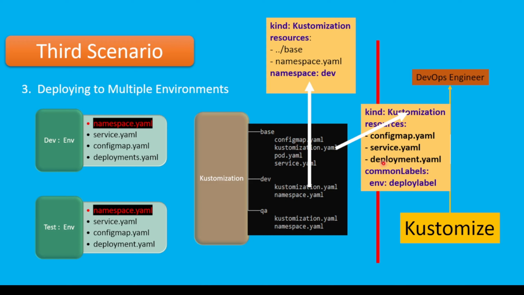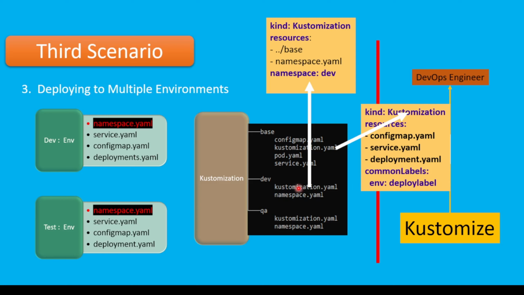The customization.yaml in the base directory will look like this, where you define your resources, and all the YAML files that are not changing irrespective of the environment will be given here in this order. And then any environment specific configuration like secret map or config map or environment variable can be given like this.